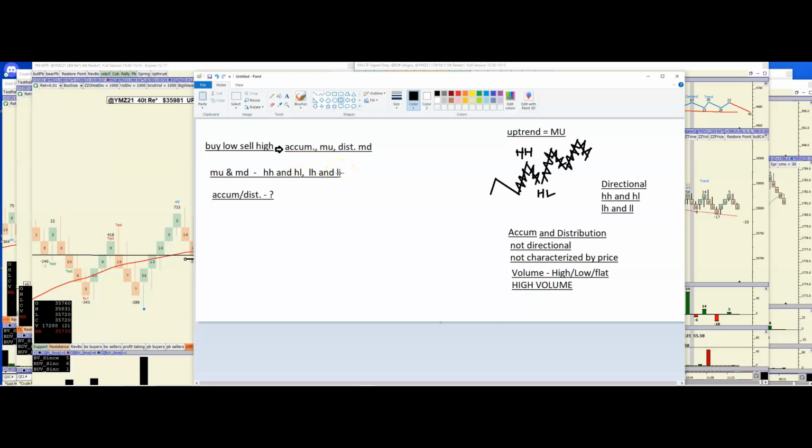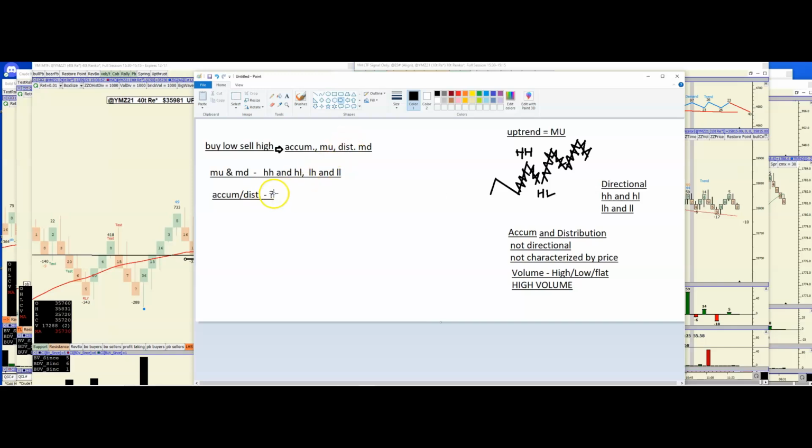And when thinking about this, these are directional attributes, meaning they're higher high, higher low, lower high, lower low. They have a directional element, right? Okay, so now what about the other two phases, accumulation and distribution?